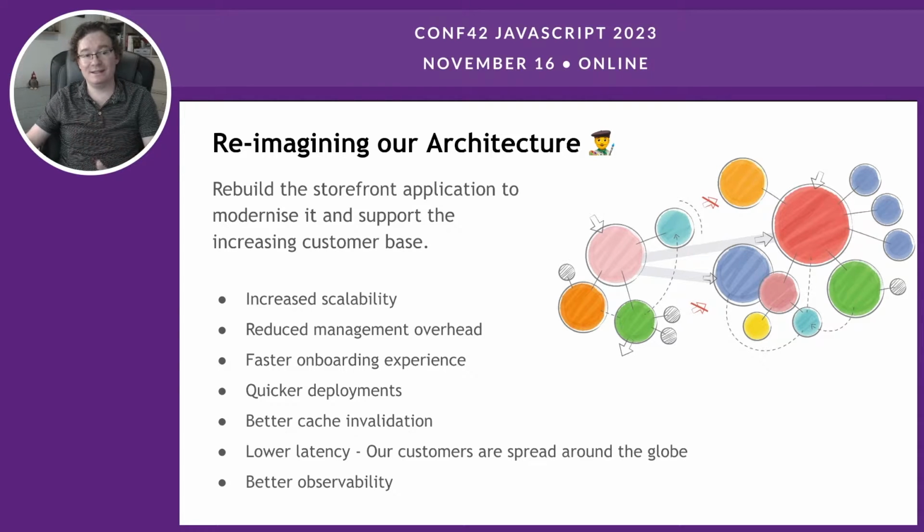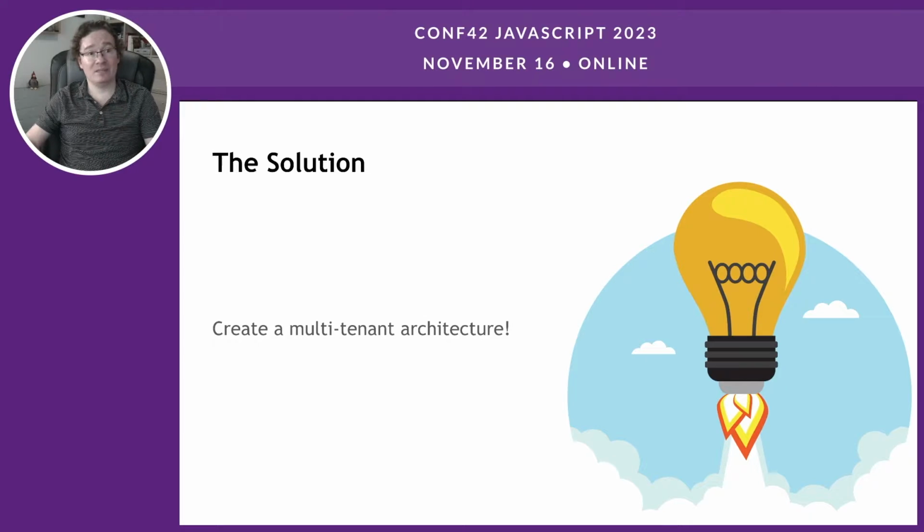So we wanted the data and the service as close as possible to our customers. We also wanted to increase the observability to understand better what was going on in our application. And the solution to simplify this architecture was then to transform it into a multi-tenant one.